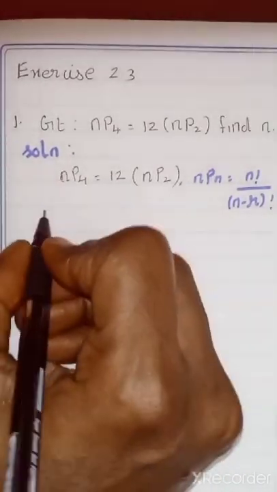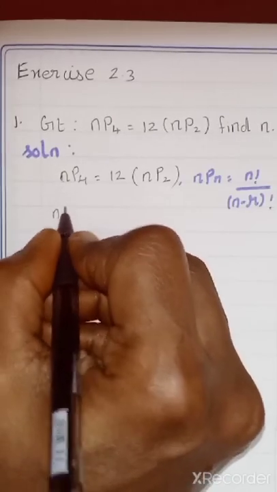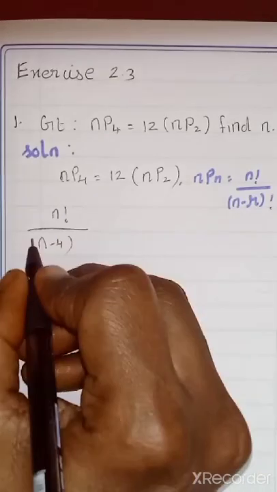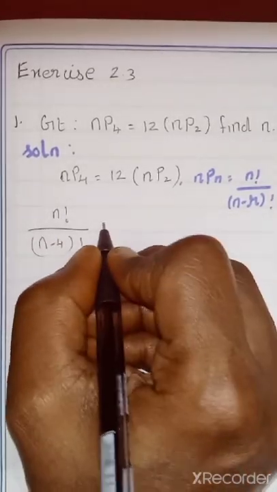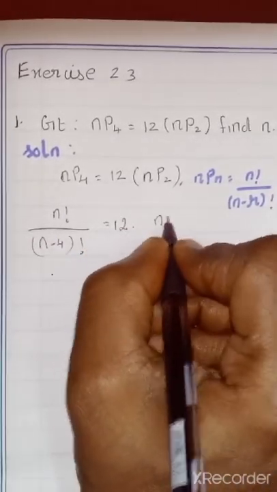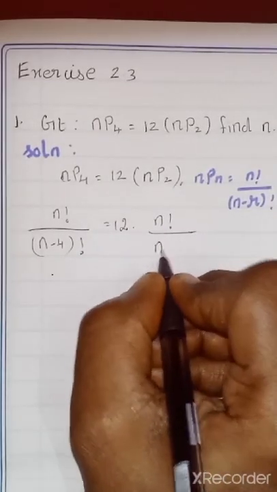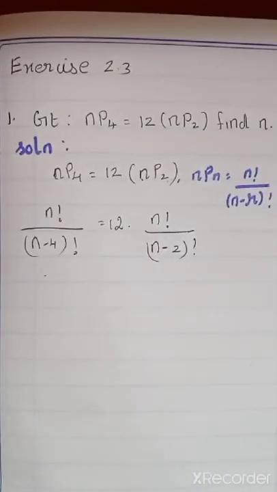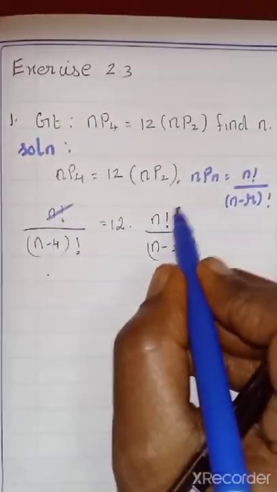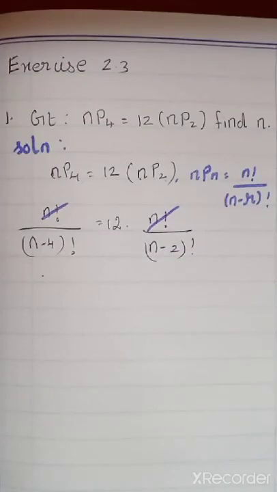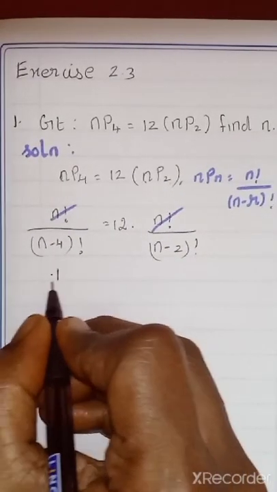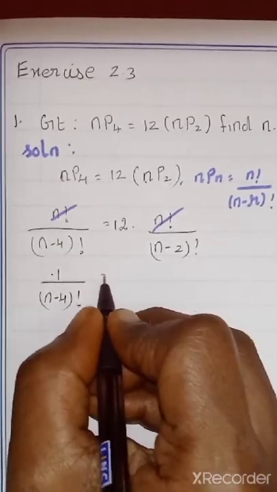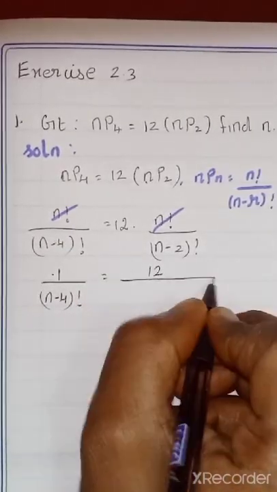So this we can take as n factorial by n minus 4 factorial, which is equal to 12 of n factorial by n minus 2 factorial. Is that clear? So we can cancel this n factorial and n factorial, and the next will be 1 by n minus 4 factorial equal to 12 by this.